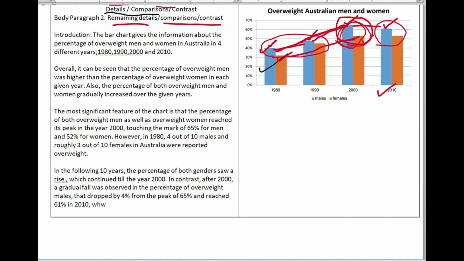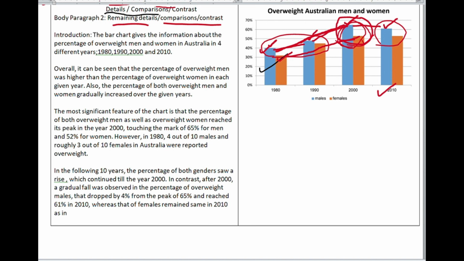whereas that of females remained the same in 2010 as in 2000.